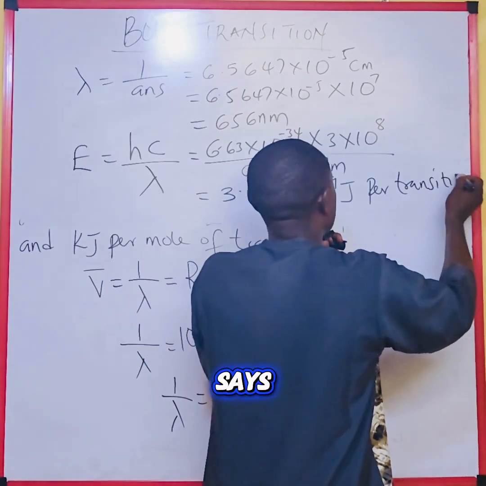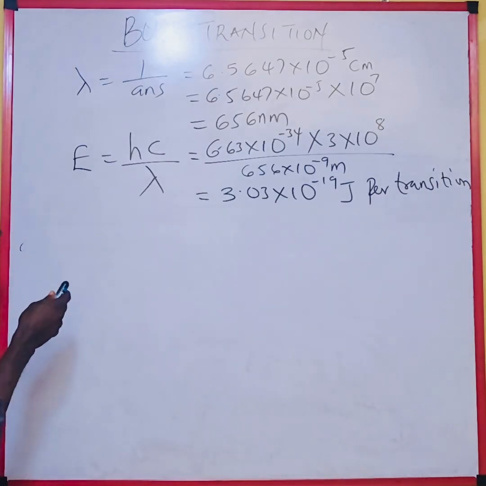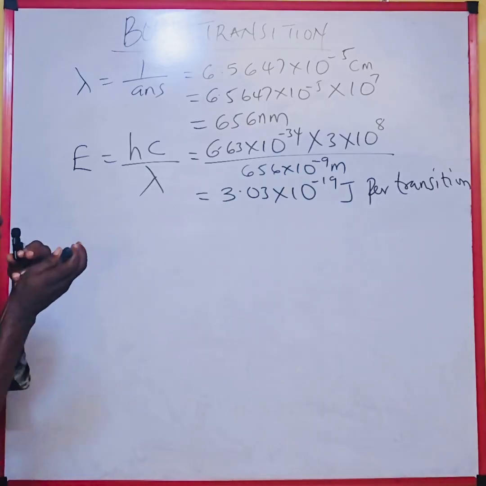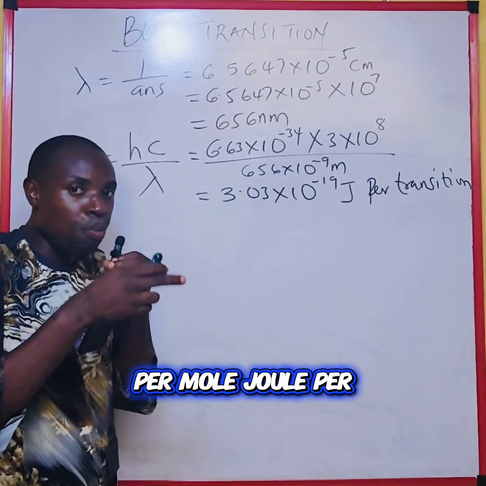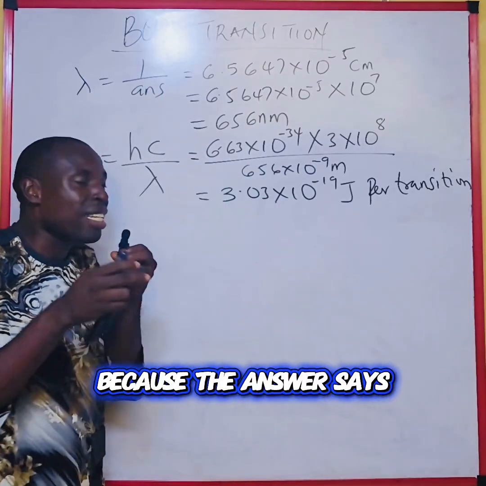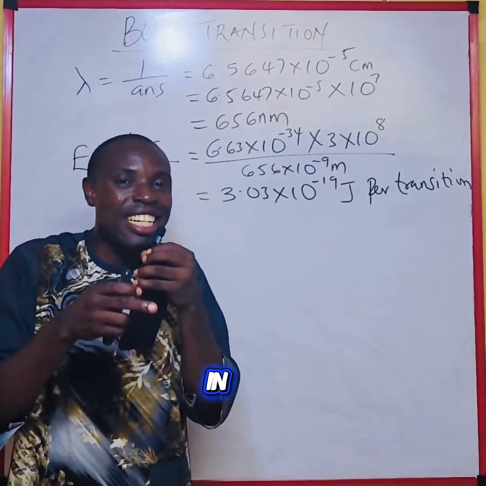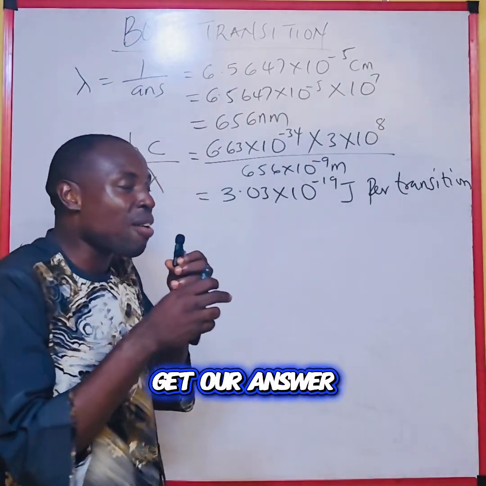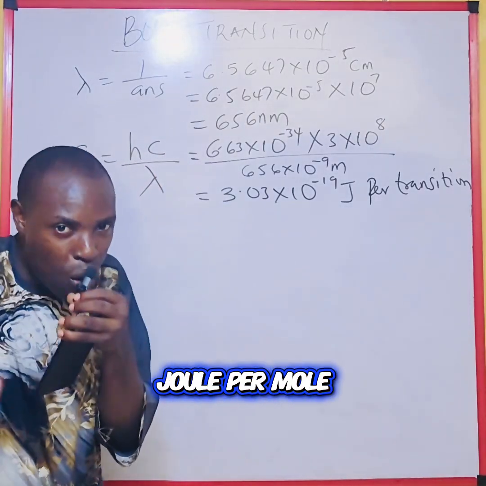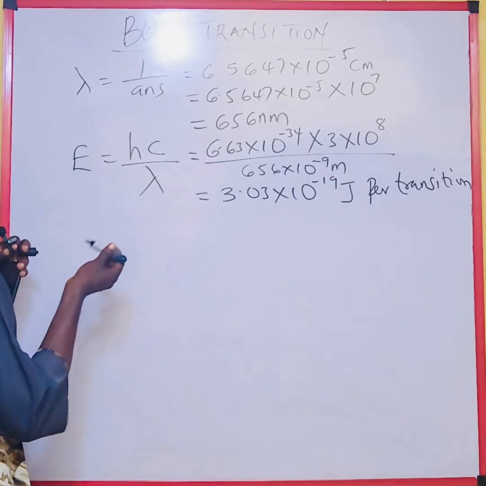What do I do next? I'll first of all get my answer in joule per mole, because the question says to calculate the answer again in kilojoule per mole per transition. So we have to get our answer first in joule per mole. Simple.